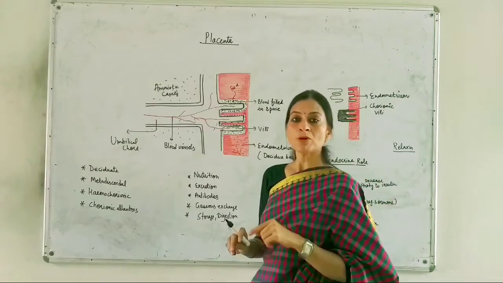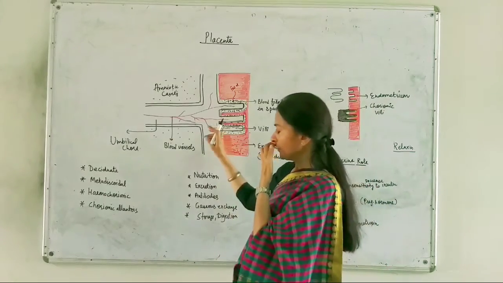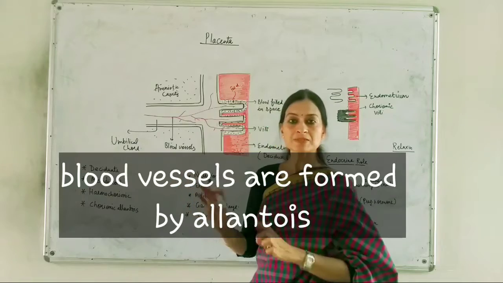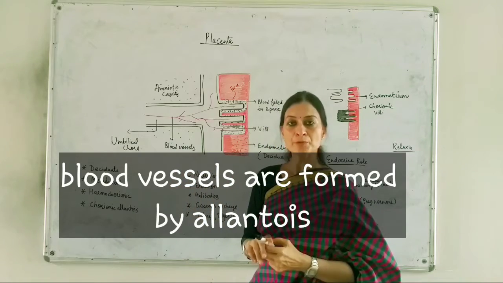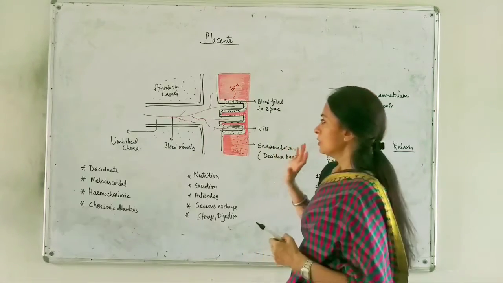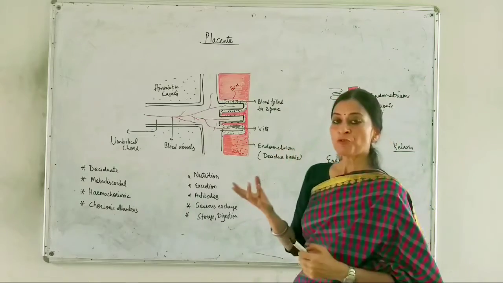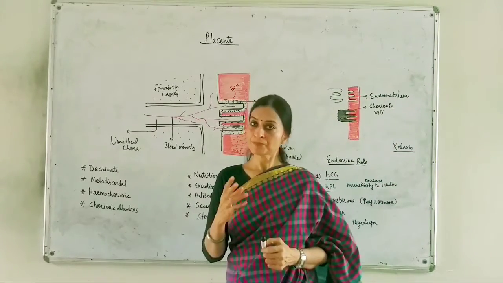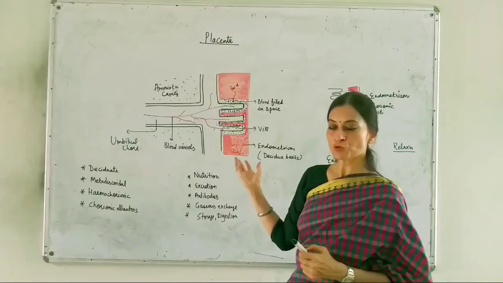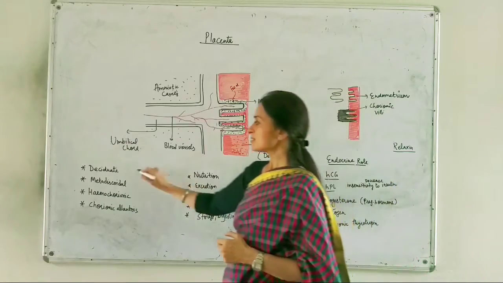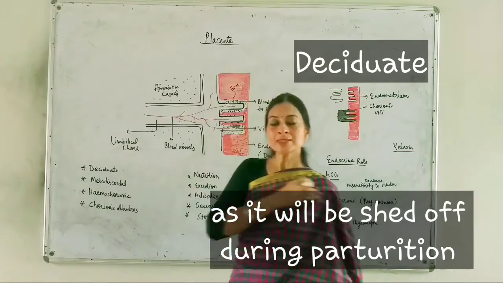This network of blood vessels is actually a contribution of the allantois, another type of extraembryonic membrane. So if we ask what type of placenta we possess, there are a few words that we use for this placenta. It is deciduate type. Why deciduate?